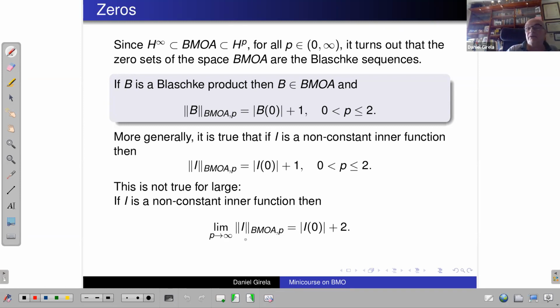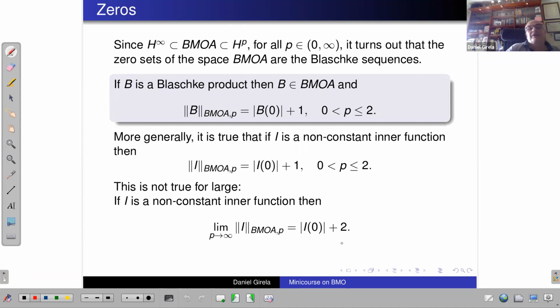So this is one of those examples of questions with BMO where things are different if we consider the conformally invariant norm corresponding to P smaller than 2 or to P bigger than 2. We will find some other examples of this situation later.